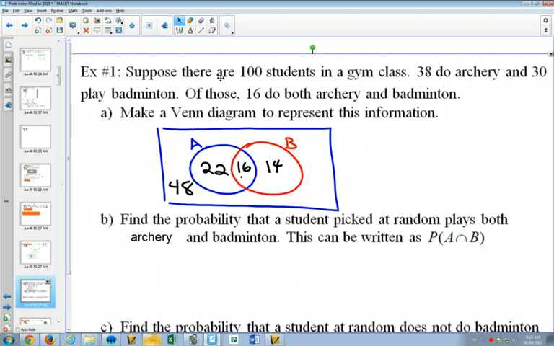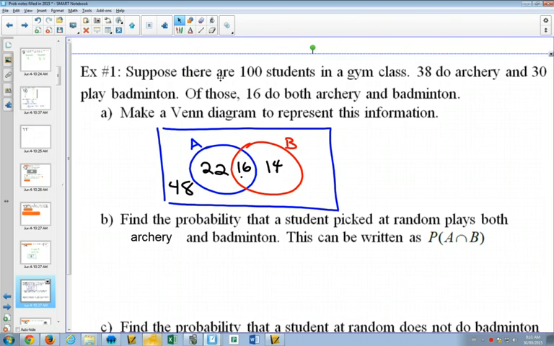If you're taking 16 from both of them, why do you take 16 from both of them if there's only 16 in the middle? Those 16 people in the middle, they're part of the badminton circle.